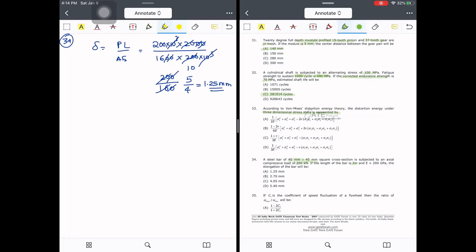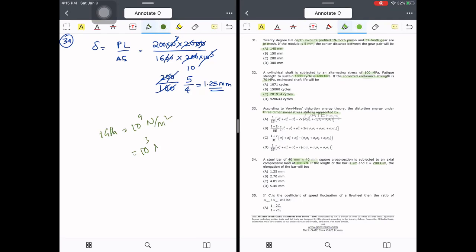Now question number 34. A steel bar of 40 mm by 40 mm square cross section is subjected to an axial compressive load of 200 Newton. If the length of the bar is 2 meter, E is equal to 200 GPa, find the elongation of the bar. It's very simple, just put the formula. Delta is equal to PL by AE. P, I think, is given as 200 kilonewton. You have to convert each and every unit in terms of meter and Newton, so that you can get the value.